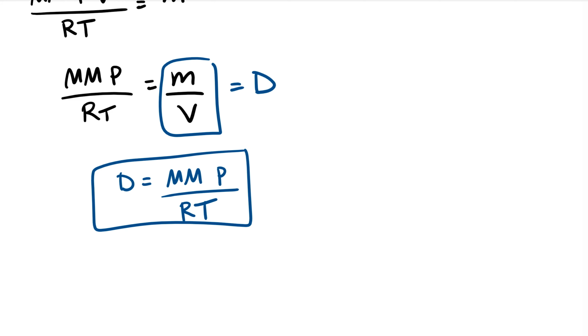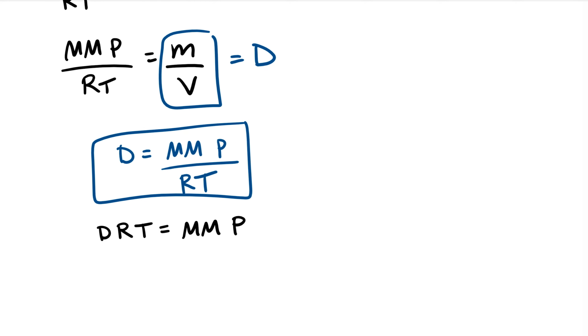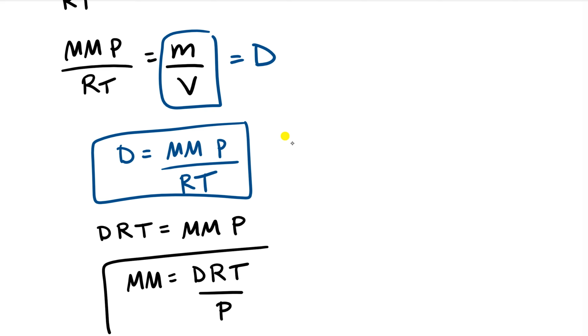If I cross multiply, d times R times T is equal to molar mass times the pressure. And so if I solve for molar mass, it is going to be equal to dRT over P.